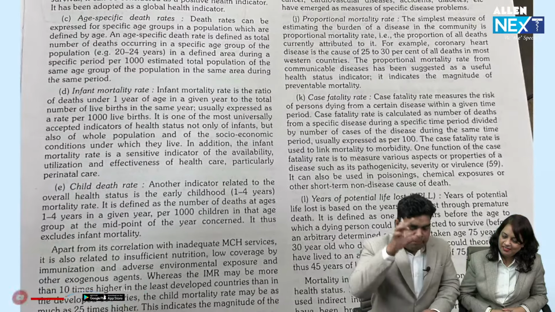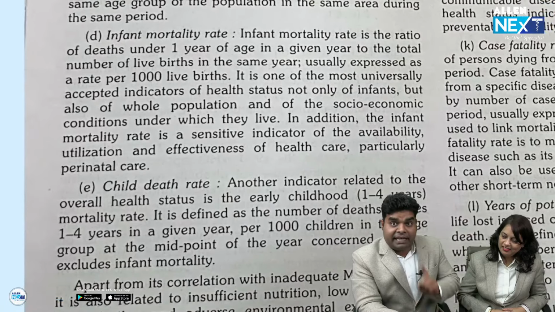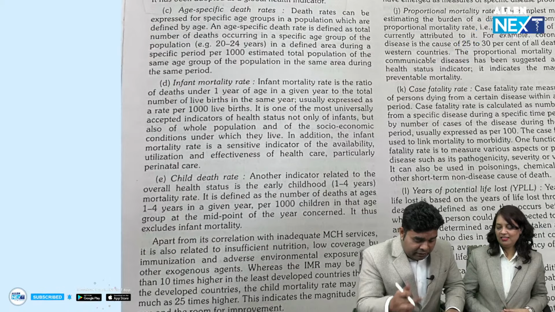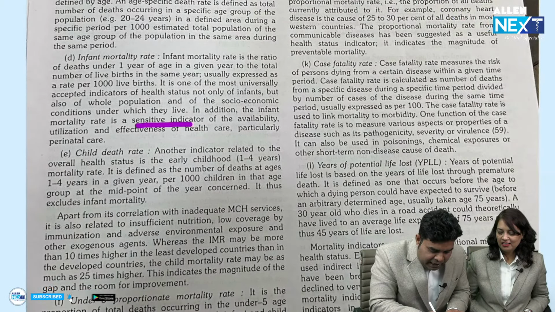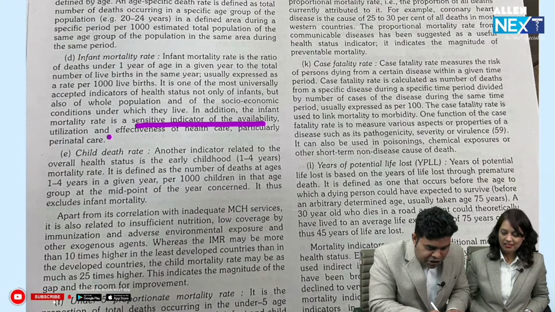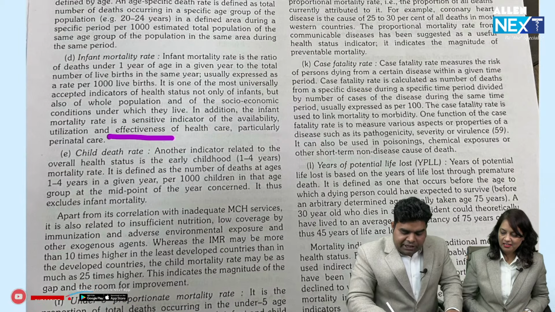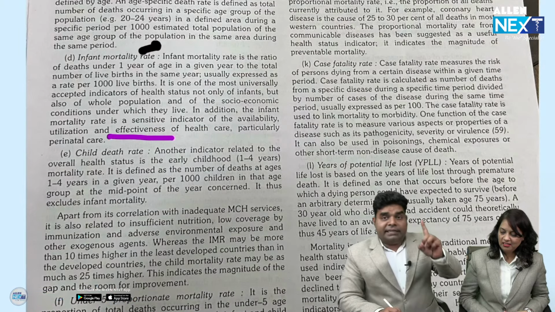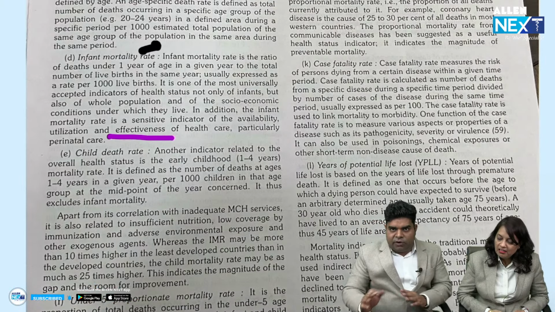Now, thank you so much, ma'am, for making me explain this point. Many of the students, when asked what is the best indicator, answer IMR. IMR was also asked in the recent NEET exam. The question which came was, what is the most sensitive indicator of the availability, utilization and effectiveness of healthcare? IMR is the better answer. Similarly, if they ask the best indicator of the impact of ASHA work, IMR, whether ASHA is working or not.